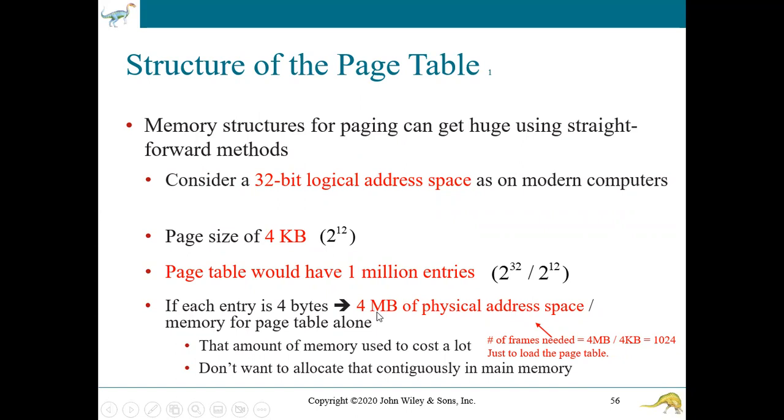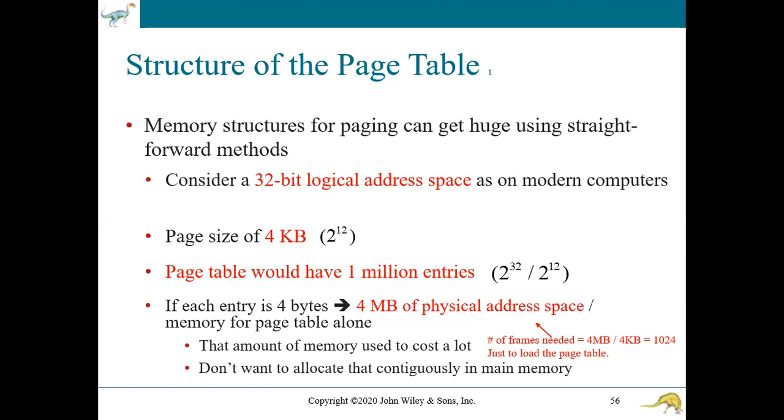The page table entry is 4 bytes. Why did I write 4 megabyte physical address space here? Is it given to you? If given, 32-bit addresses doesn't mean that the RAM has to be 32-bit addresses or 44-bit addresses.